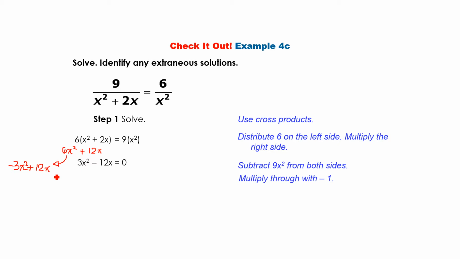So our target is that the negative 3x squared becomes positive. That's why we have to multiply both sides by negative 1. Negative times negative becomes positive, and positive times negative equals negative. Like this one.